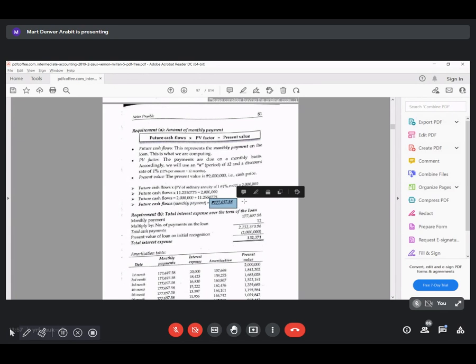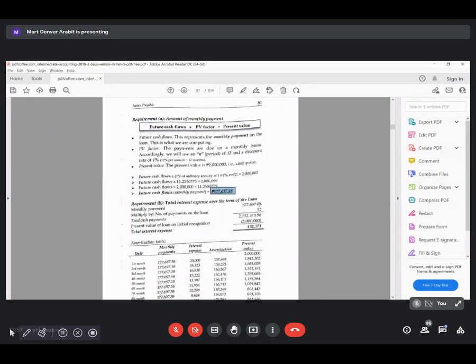So, nakuha natin siya by dividing itong dalawa na to. Since future cash flows is missing dito, then if it is multiplied by the present value factor of ordinary annuity of by 12, magiging 2 million siya. So, na-squeeze lang siya. Parang using this formula. I-derive lang natin siya para makuha natin yung future cash flows.